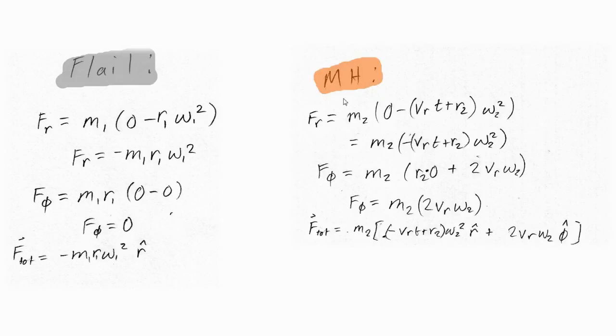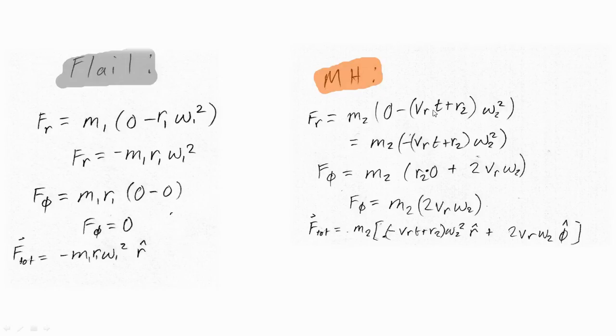So for the meteor hammer, the radial force is m2 times, and you get this 0 term here because the second time derivative of r is still 0. Since the radius is increasing at a constant speed, there's no acceleration in the radius.